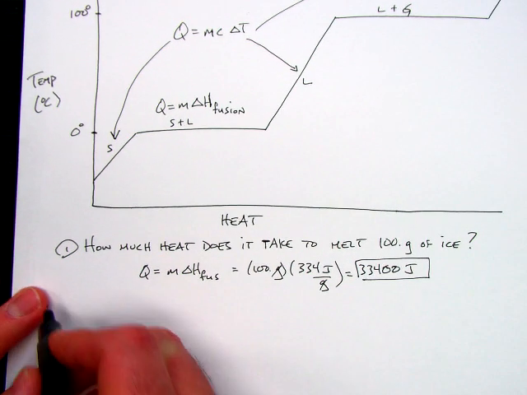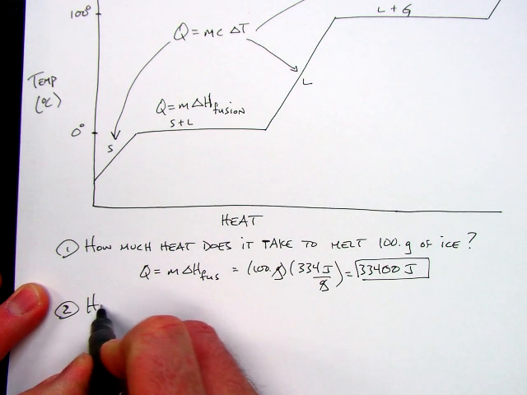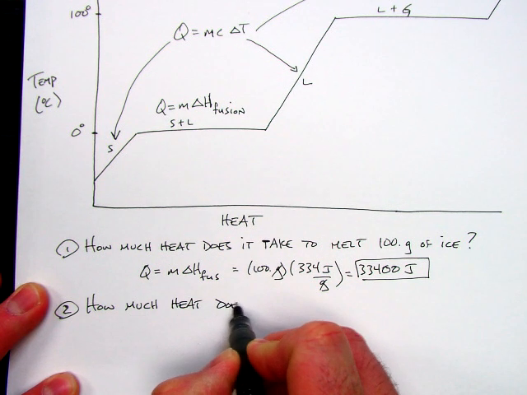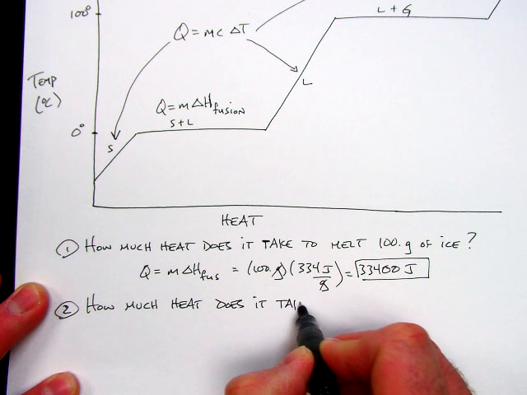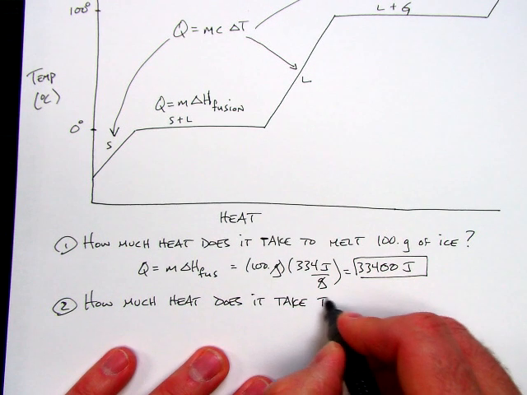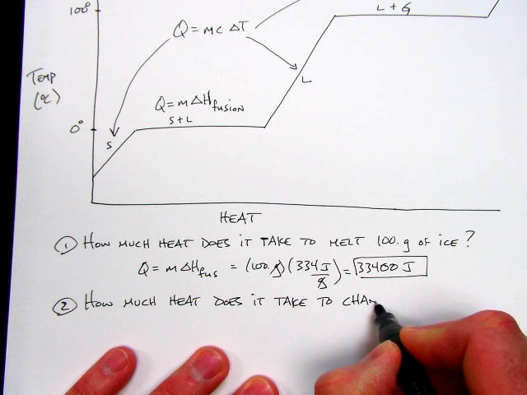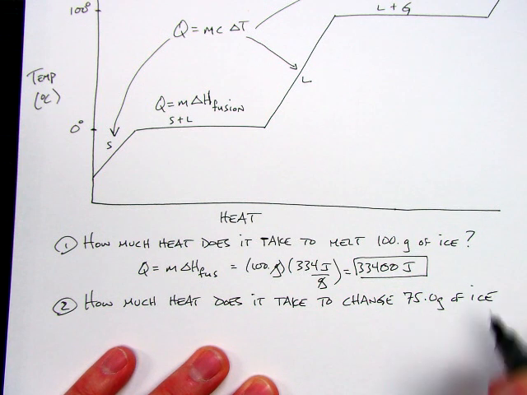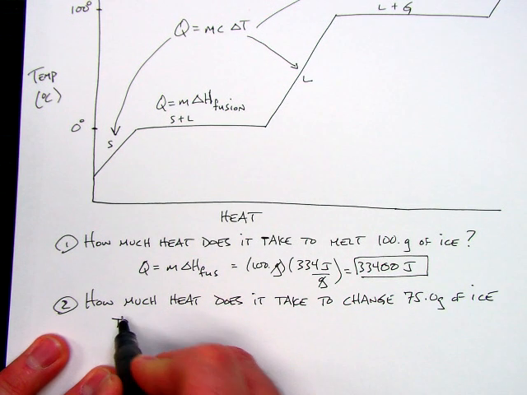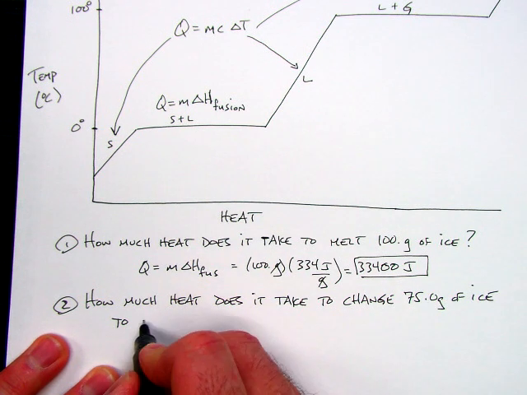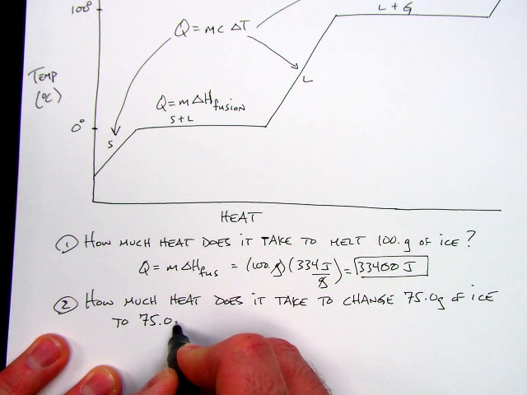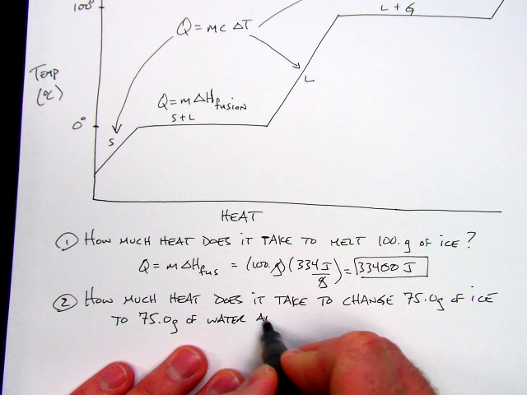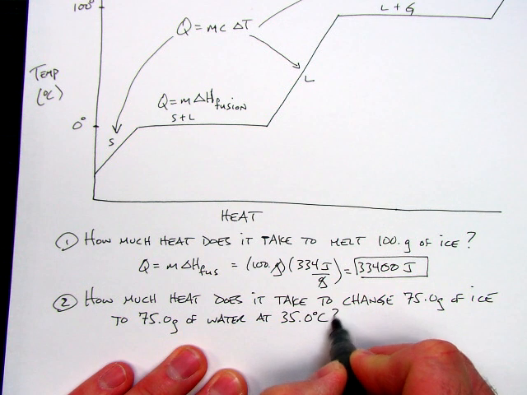My second question is, how much heat does it take to change 75 grams of ice to 75 grams of water at 35 degrees Celsius?